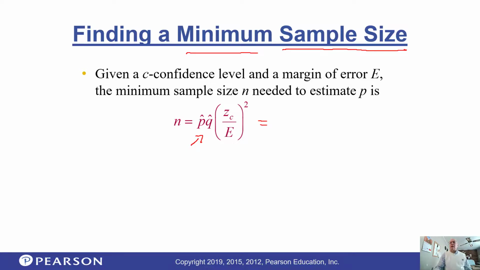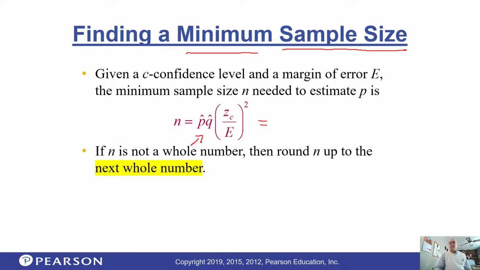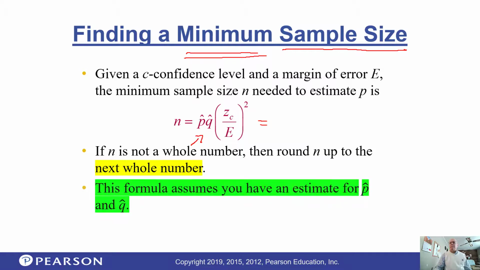Having more in your sample size is not a bad thing at all. It's a good thing. Round it up, as with all minimum sample sizes, because it's only a minimum. And it assumes you have the p-hat and q-hat, of course. Otherwise, you couldn't do it.